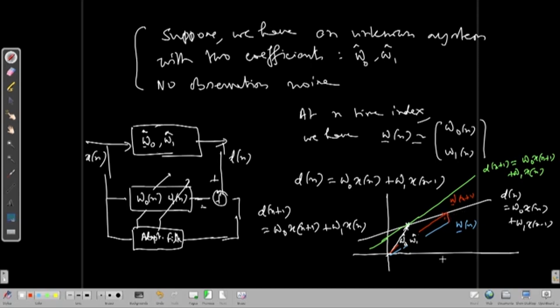Yeah, they are perpendicular. Looks 90 degrees here. So then at the n plus 1th clock, I have this new straight line which contains this optimal point, but I got Wn plus 1 as the updated weight vector from the previous clock. From Wn I generated Wn plus 1, but again Wn plus 1 is not on this line. So I again take a perpendicular.